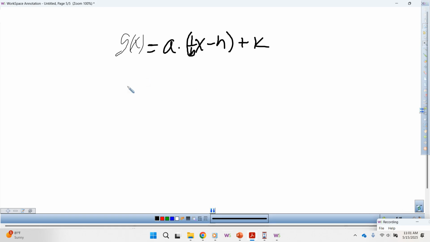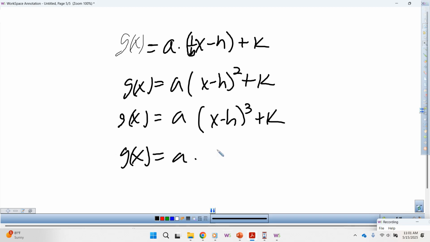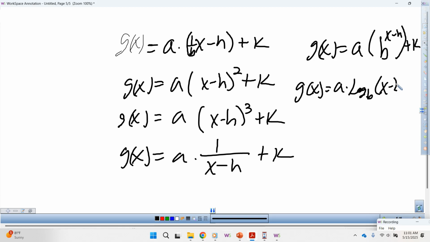All right, but then we apply that to a bunch of functions such as quadratic, cubic, rationals, exponential, and then we got to the logs, and I gave you this in the Freire model, and it looks something like this: A times log b of x minus h, plus k.